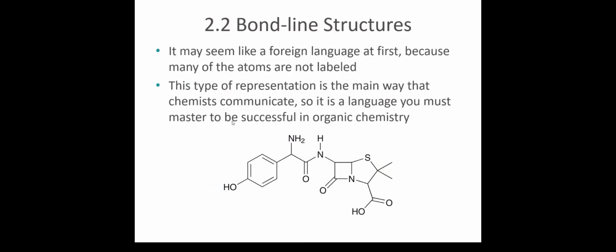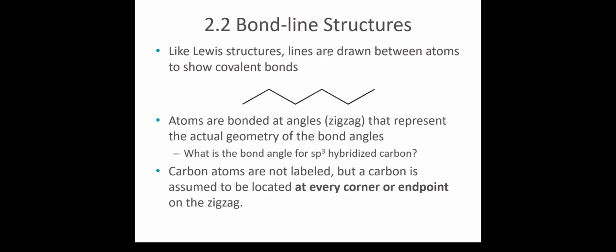So let's see if we can come up with a nice typical way of doing this. So the first thing is, just like Lewis structures, we draw lines to represent the bonds. And we draw the bonds usually as zigzags. Okay. So, for example, this structure right here is a carbon, a carbon, a carbon, a carbon, a carbon, a carbon.